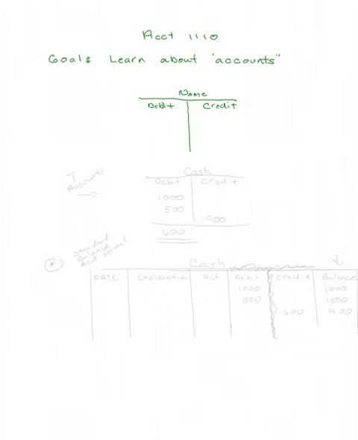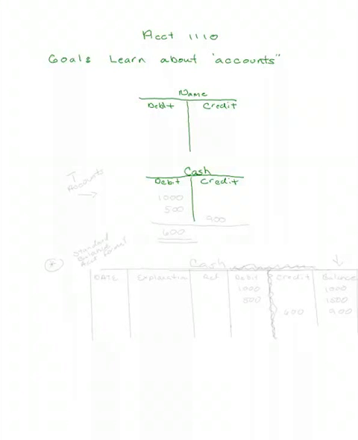Every transaction is posted into accounts. I'm going to demonstrate the cash account for you. The cash account is an asset account, and it has a debit side, and it has a credit side. And as you learned already in our chapter, cash is an asset, and when you want to increase assets, you debit them.